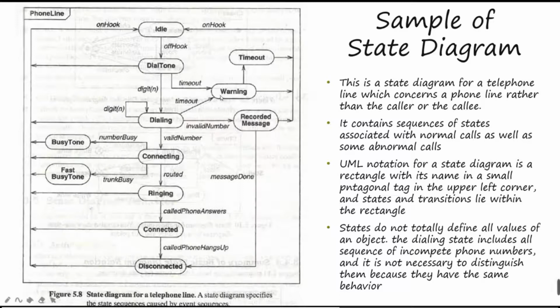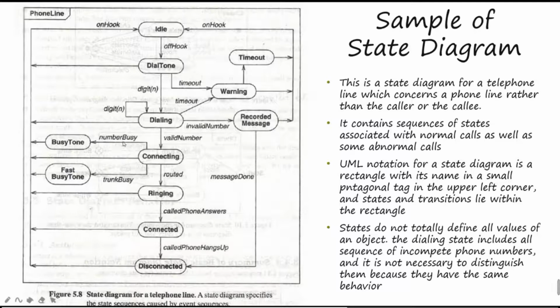It will go to the warning, and in the warning, it will go to unhook. And after 9 numbers are dialed, it will check whether it is a valid number. If invalid, it will go to recorded message. And if it is valid, it will go to connecting.